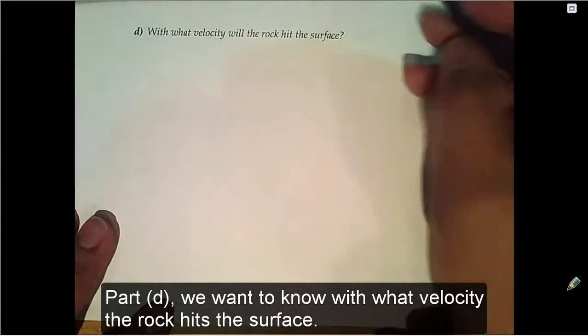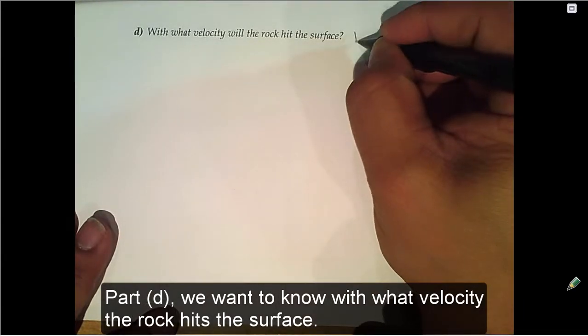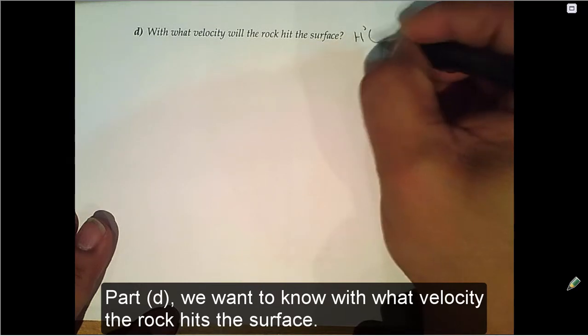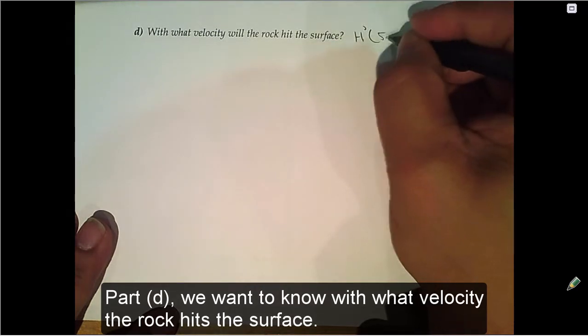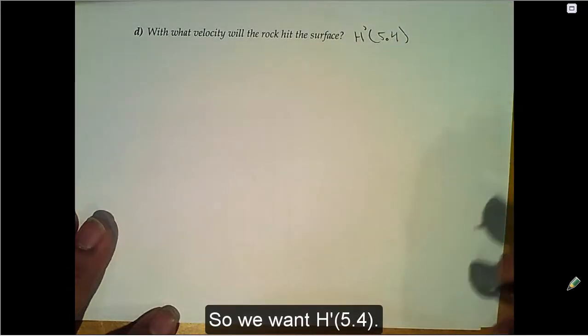Part D, we want to know with what velocity the rock hits the surface. So we want h prime of 5.4.